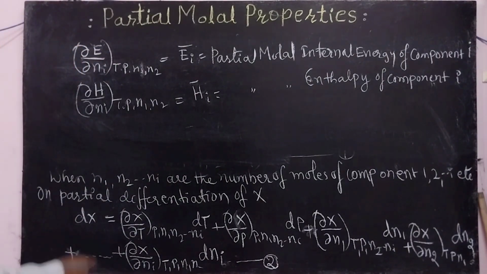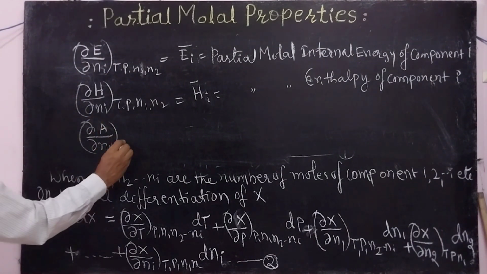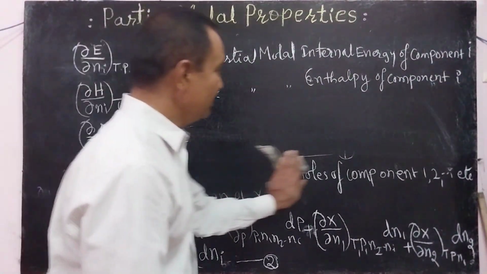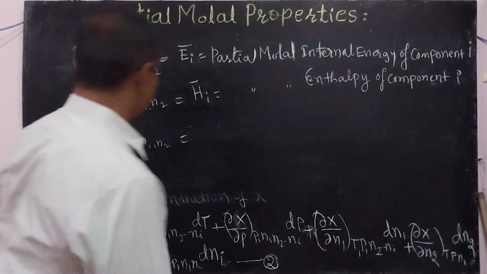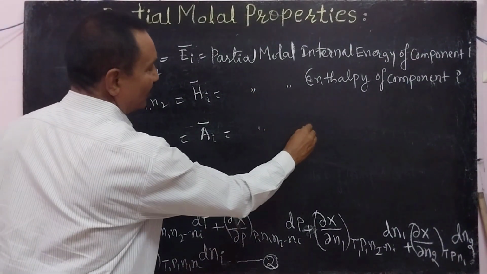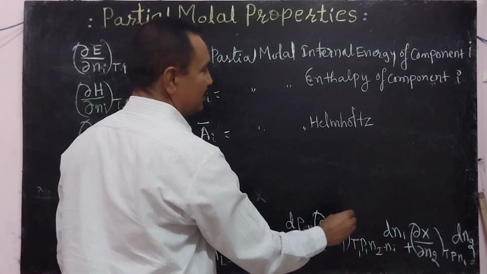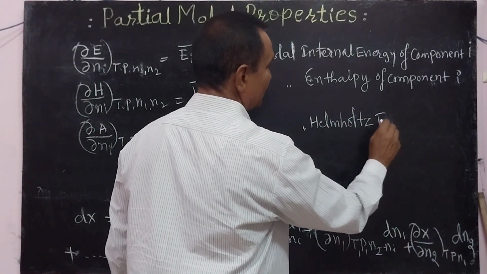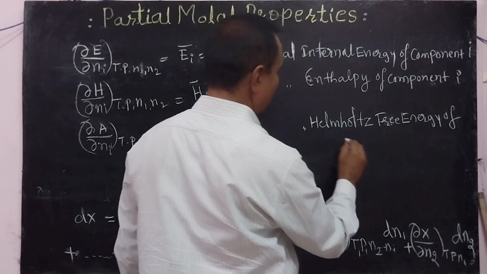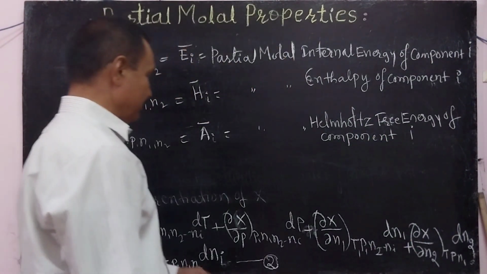Similarly we can write dou A divided by dou Ni at constant temperature, N1, N2, etc. We may write it as Ai bar, that is partial molar Helmholtz free energy of component i.